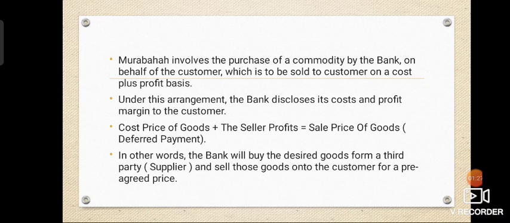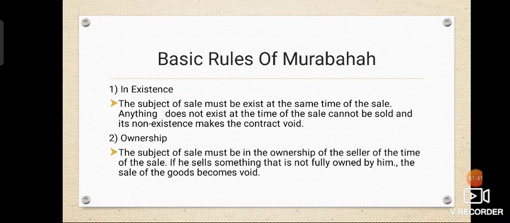This deferred payment will be charged to the customer. In other words, the bank will buy the desired goods from a third party, which is the supplier, and sell those goods onto the customer for a pre-agreed price.